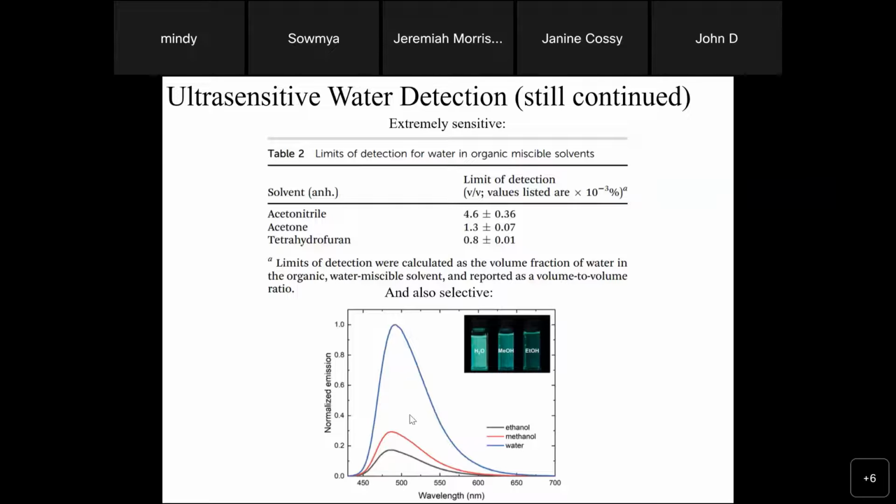The system is moderately selective for water over other protic solvents. Shown here is that the restoration of fluorescence for water is pretty high, and for methanol and ethanol it is much lower, though there's certainly some restoration of the fluorescence. That's in parallel with visual changes in the colors of the solution as well.